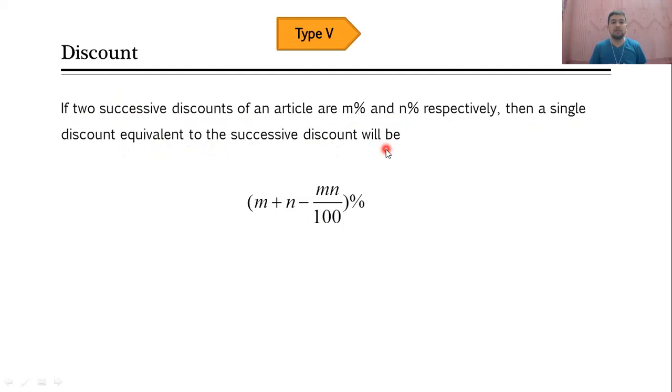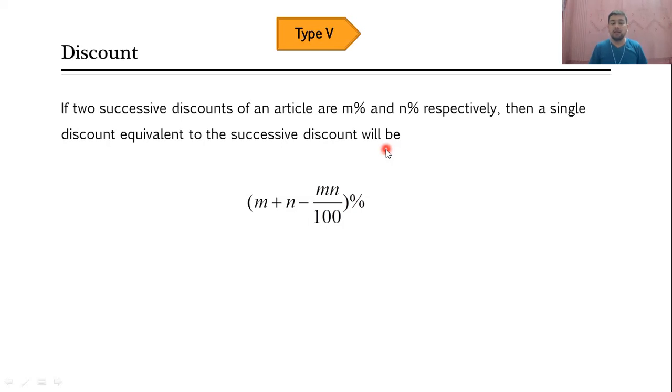That means you can purchase that article at what? Rupees 50. Now let's say on that rupees 50, one more discount is there. Let's say that discount is 40%. So what will be the calculation?